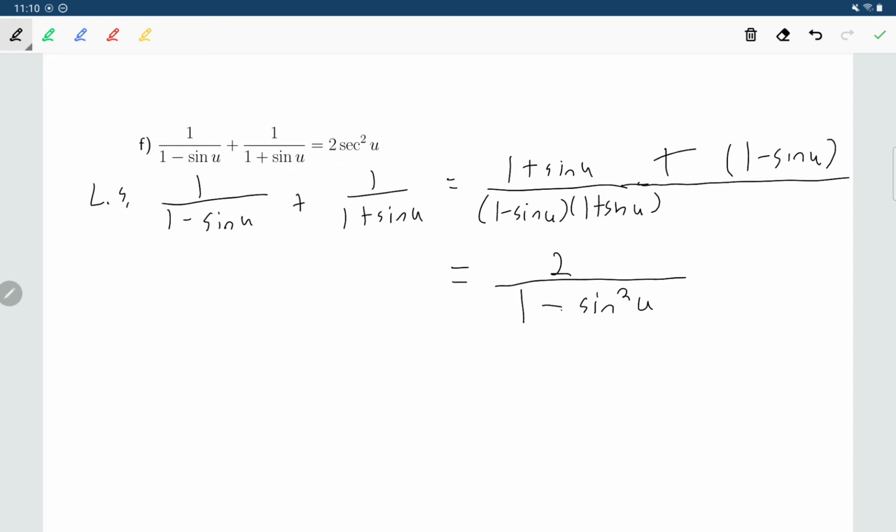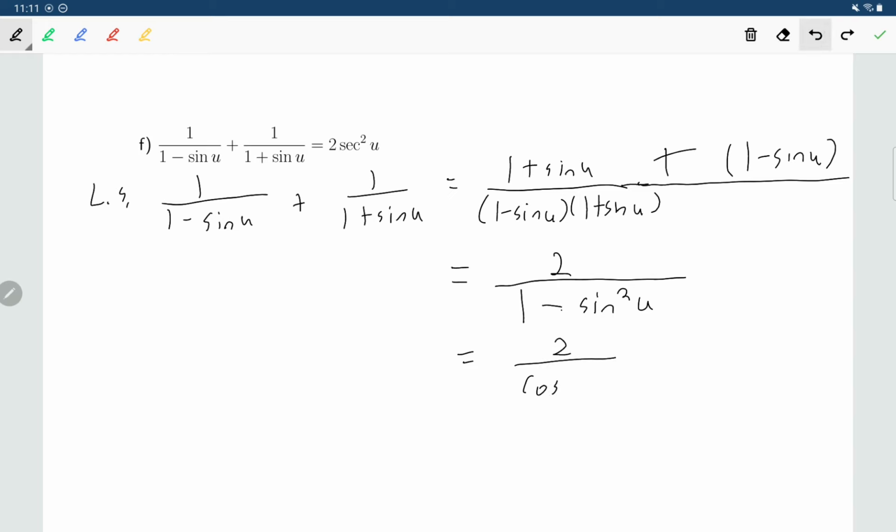So we're actually almost there, because if you're looking at this, 1 minus sine squared, hopefully you're thinking about your Pythagorean identity. If you had cos squared plus sine squared equal to 1, then 1 minus sine squared could be rewritten as cosine squared. So what we have here is 2 over cosine squared u.